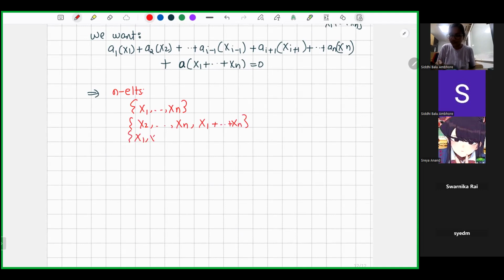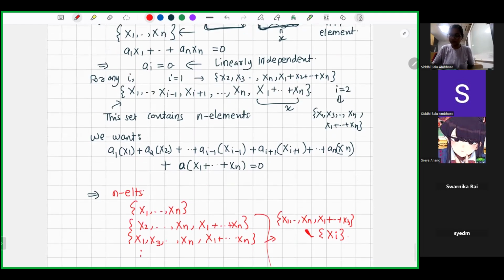Second will be x1, x3, up to xn, x1 plus xn. So essentially what we are doing is taking x1 up to xn, minus some xi.